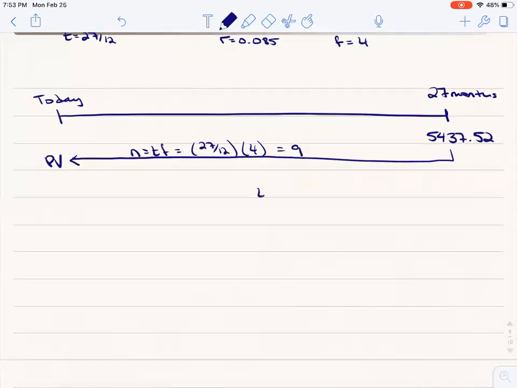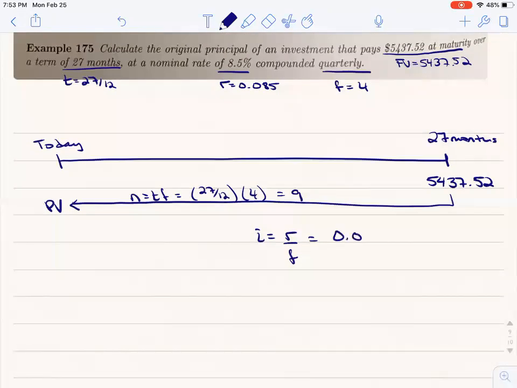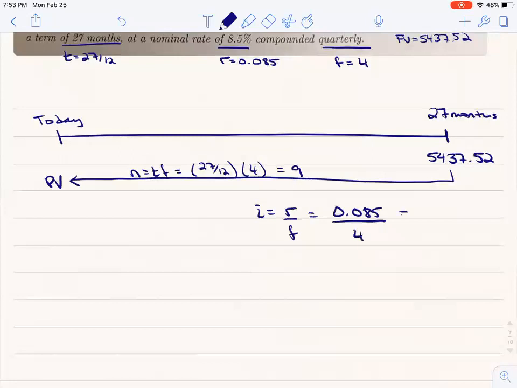And then we have i is r over f, which is 0.085 over f, which is 4. So we've got a periodic interest rate of 0.02125.